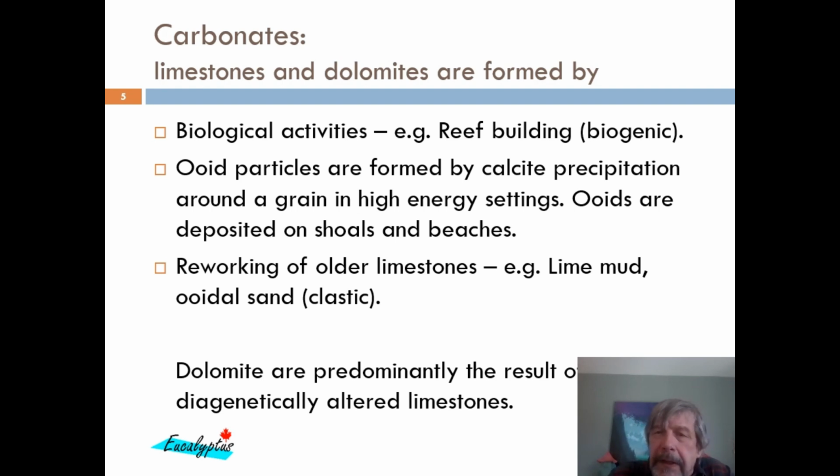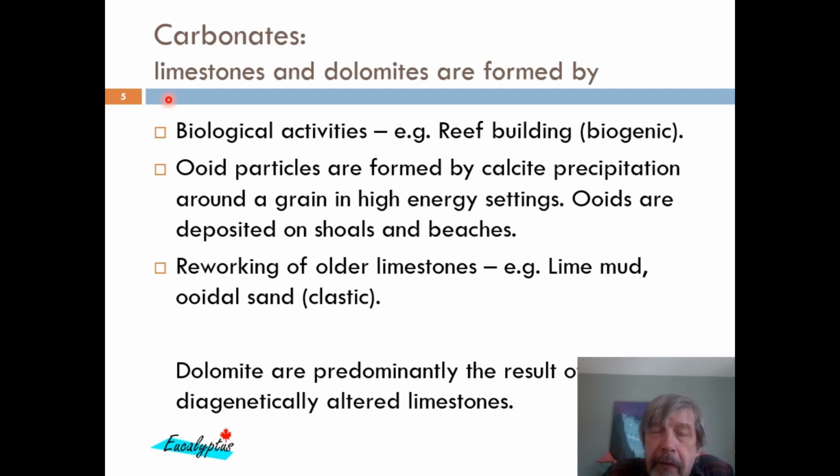That grain can be a little quartz grain, or a fragment of a skeletal part of an animal, or a part of a broken shell, that kind of stuff, right? Ooids are typically deposited on shoals or beaches where the water has a relatively high energy level, and that is helping when it precipitates the calcite to form those oolitic concentric circles.